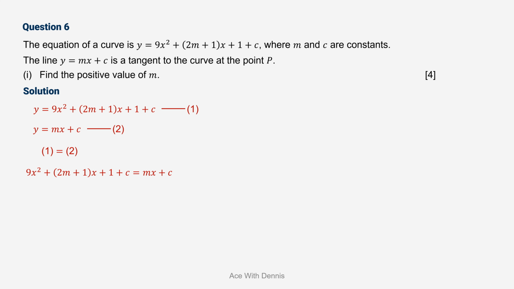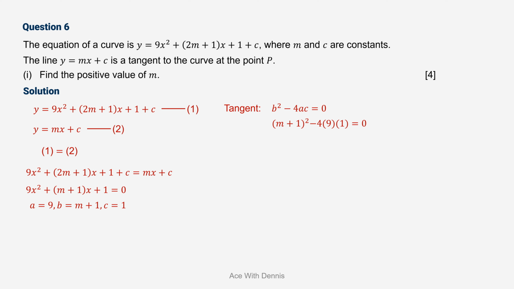So from this equation, I rearrange, it becomes 9x squared plus (m plus 1)x plus 1 equals 0. This is a quadratic equation where a equals 9, b equals m plus 1, and c equals 1. Since this is a tangent case where we only have one solution, b squared minus 4ac equals 0. This is the discriminant of the quadratic equation.